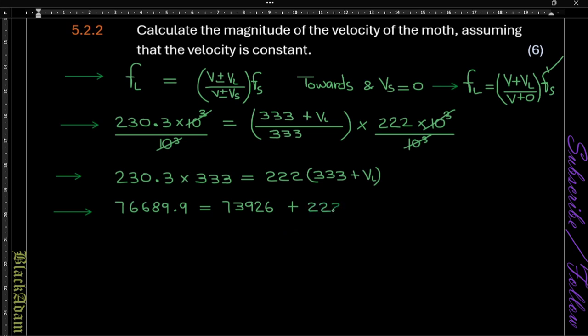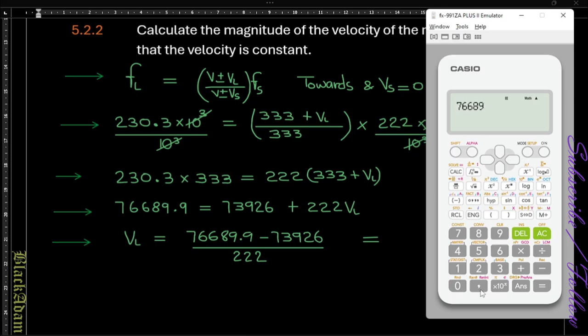Therefore vL equals 76689.9 minus 73926, all over 222. That gives us an equation whereby 76689.9 minus 73926 divided by 222 gives us 12.45.